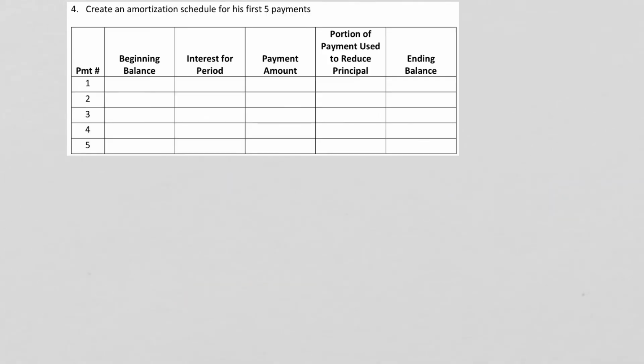Okay, nobody ever does these amortization payments by hand, but this is how they're calculated. You take the beginning balance, $548,400, and we calculate the interest for 1 month. Remember, interest is principal times rate times time. So this is going to be $548,400 times our rate, which is 4.375%.